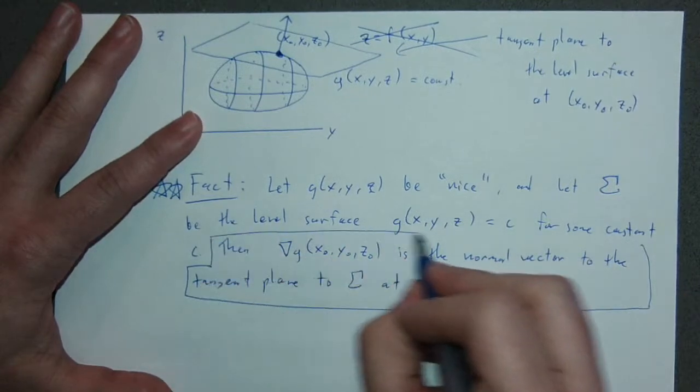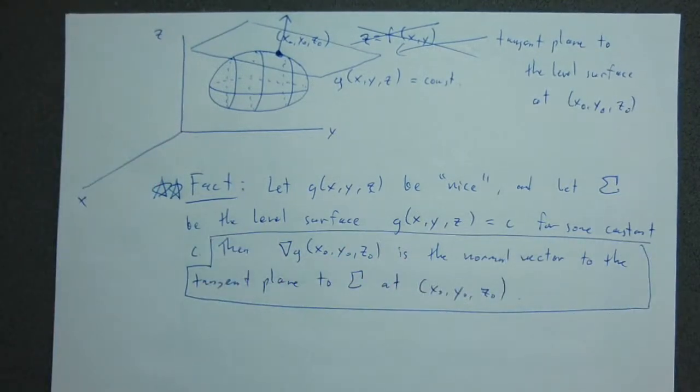Now again, you may say, wait, the gradient involves these first order derivatives. I'm used to derivatives being associated to tangent things, but you're telling me that the gradient of g is normal. The better way of thinking about it is that the gradient of g, while it may be normal to the level surface, the normal object is the thing that actually defines the tangent object. It's actually more efficient. Because we saw that to define a line in space, we needed a point and a vector, but also to define a plane in space, we needed a point and a vector.